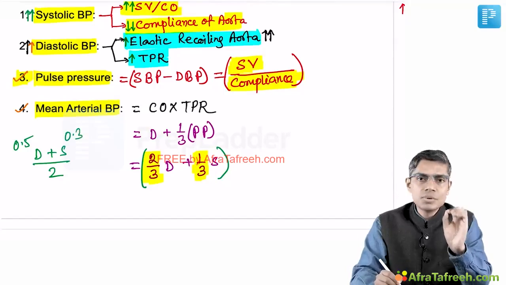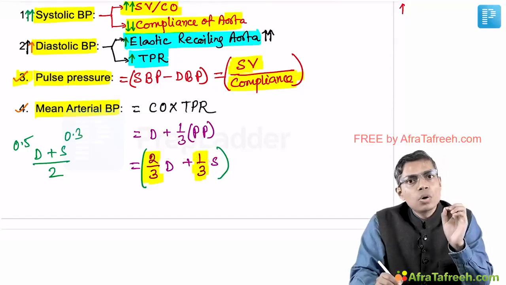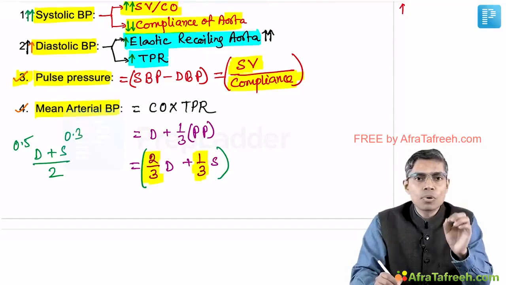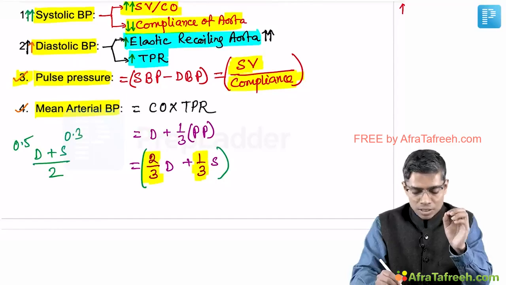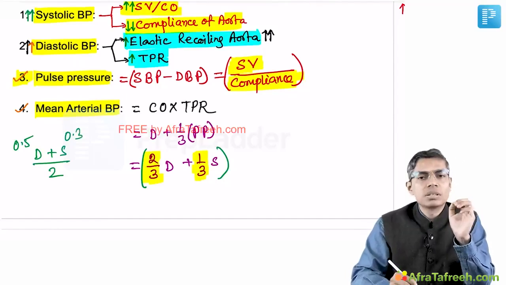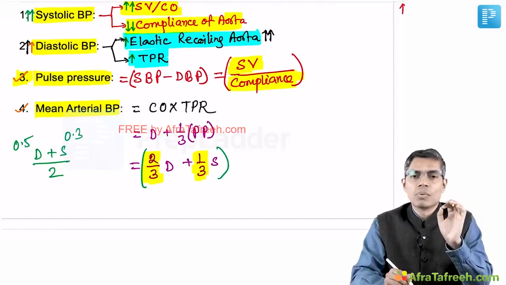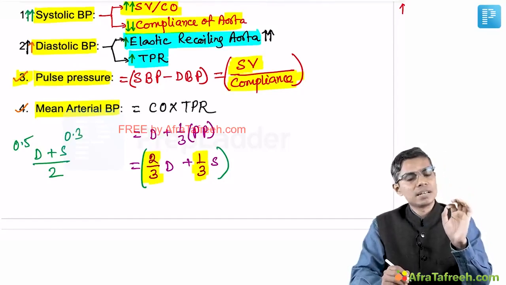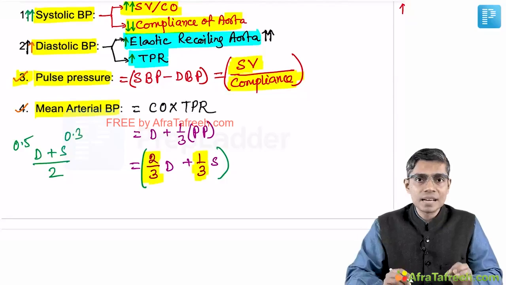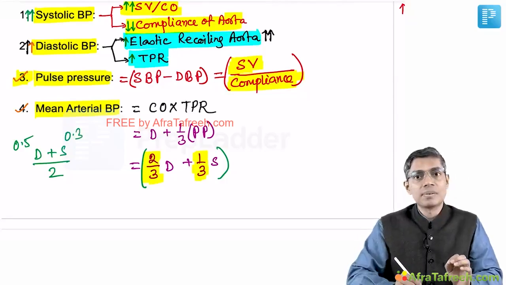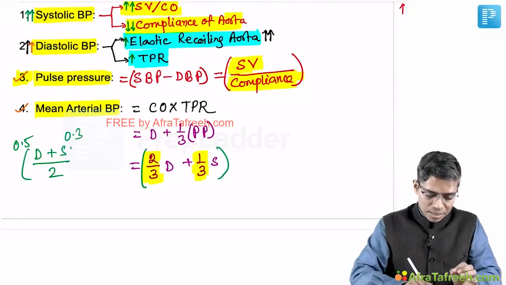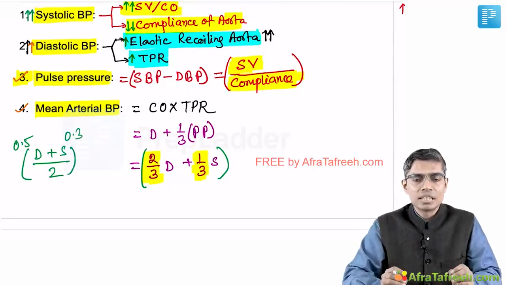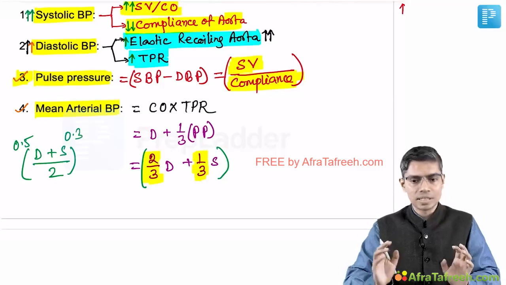So considering this duration, if you take a weightage average, then diastole should be given more weightage, more dominance, and that's why we are taking 2/3 of the diastolic blood pressure and 1/3 of the systolic blood pressure for the measurement of mean arterial pressure. So this is basically a weightage average, not the arithmetic average, because if it were arithmetic, the formula should be like this. Diastole is given more weightage.